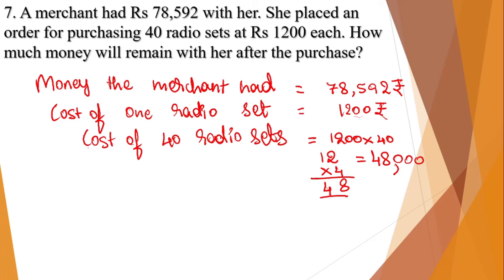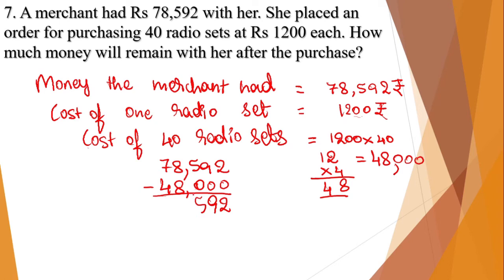Now, let's subtract. 78,592 minus 48,000. So 2 minus 0 is 2 only. 9 minus 0 is 9. And 5 minus 0 is 5.